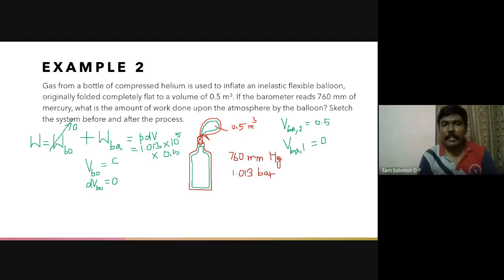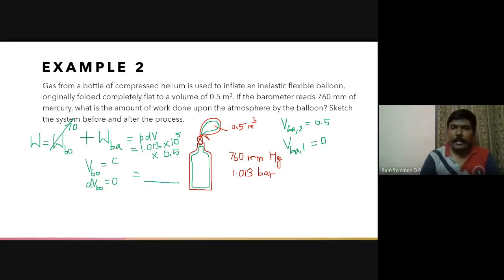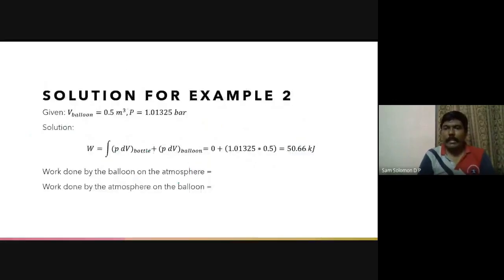So that is the work done. You will get a numerical value here, and that is shown in the next slide. The numerical value is 50.66 kilojoules. So the work done is the P dV of the bottle plus the P dV of the balloon. So dV for the bottle is 0.